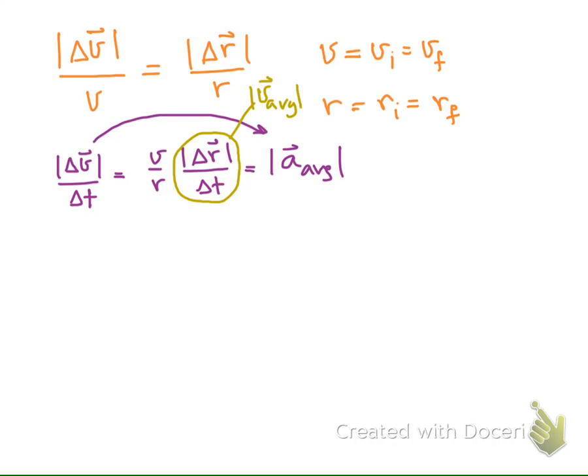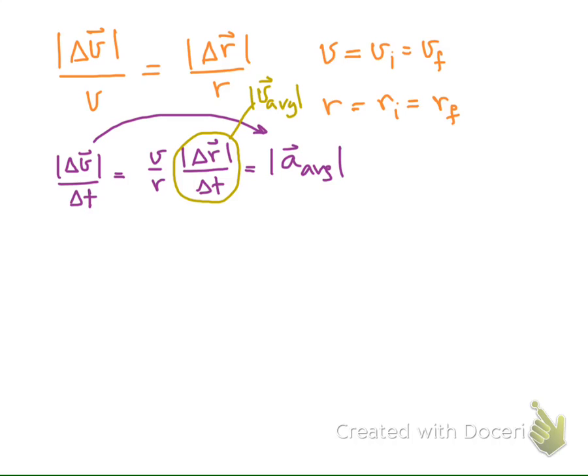Now, if we take the limit delta t approaching 0, it means that the points A and B are very close.